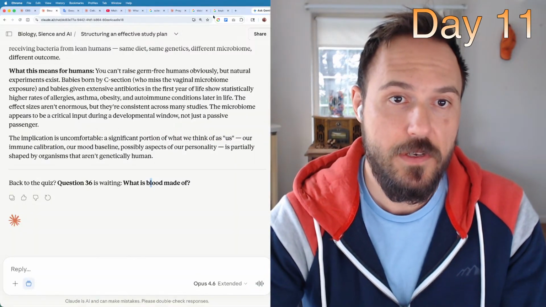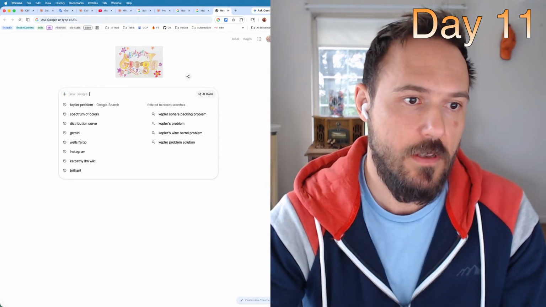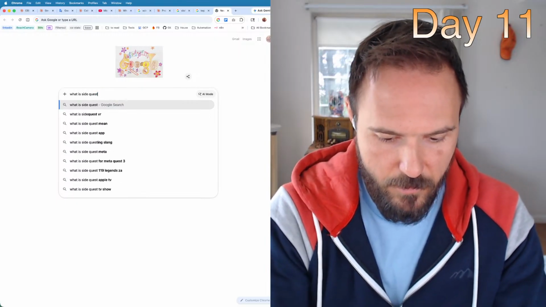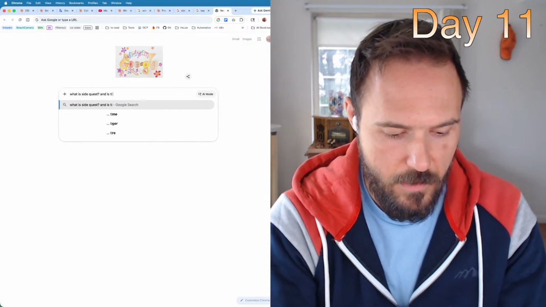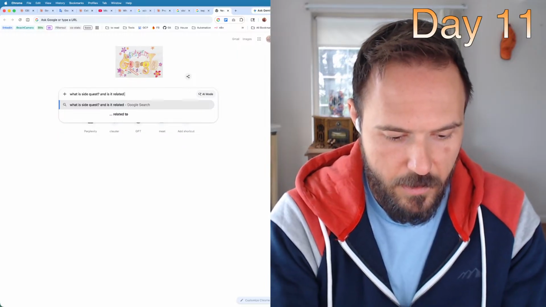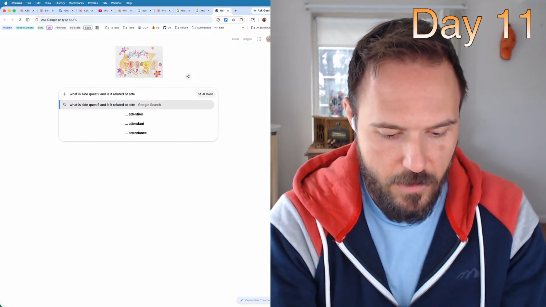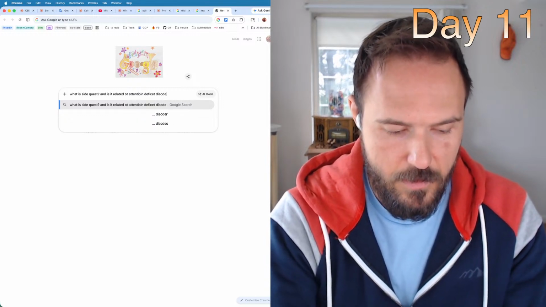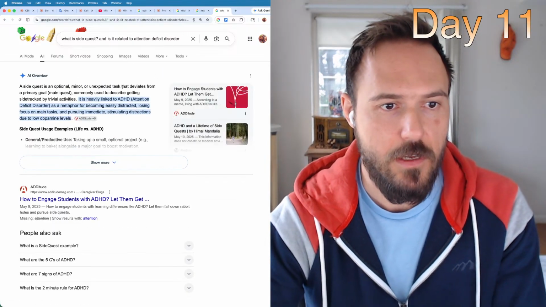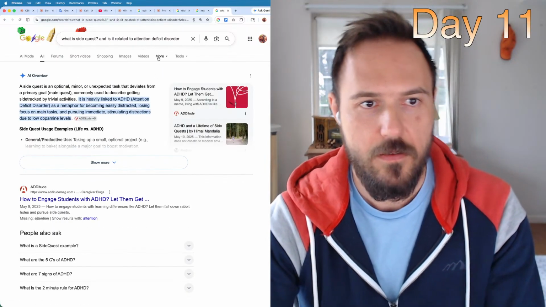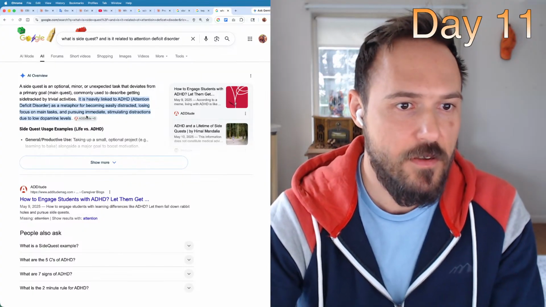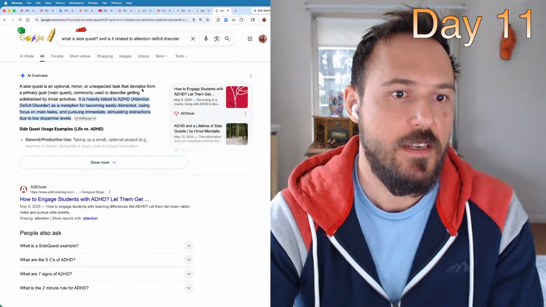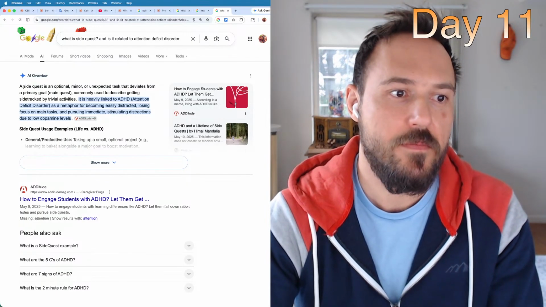But doing the scientific stuff, we're going to see the definition of the side quest, and is it related to attention deficit disorder? By the way, I love that you can misspell stuff in Google and it just figures it out. Side quest is an optional, minor, or unexpected task that deviates from a primary goal.